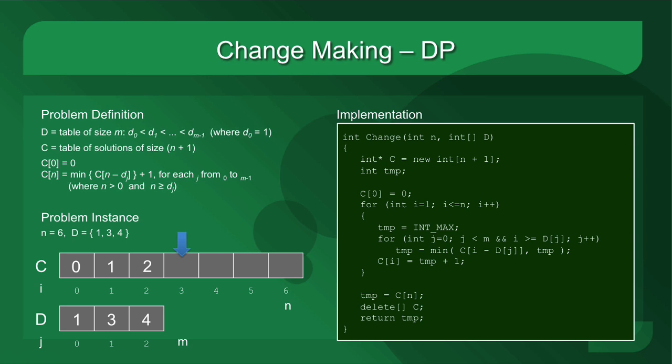So 1 coin, that is the minimum of looking at all of our sub-solutions plus adding 1 coin, that is the best that we could possibly do for 3, right? So to get 3, we were looking at this sub-solution and this sub-solution to get the most optimal solution, which would be one 3-cent coin.